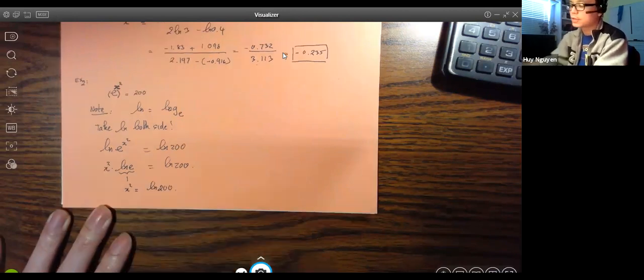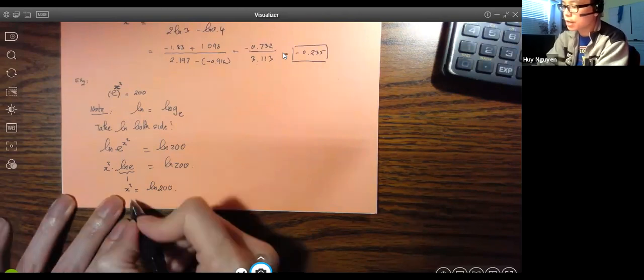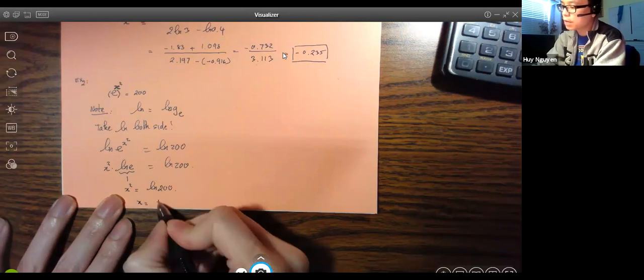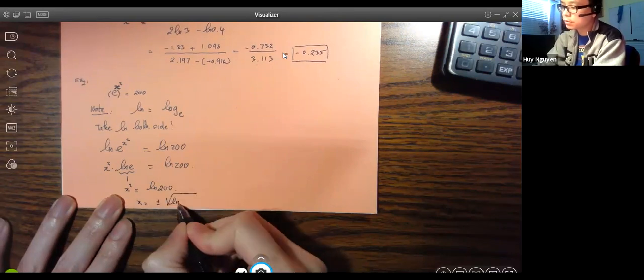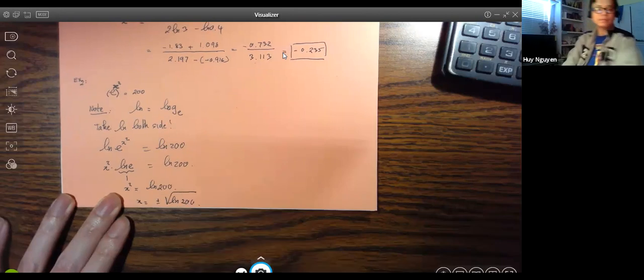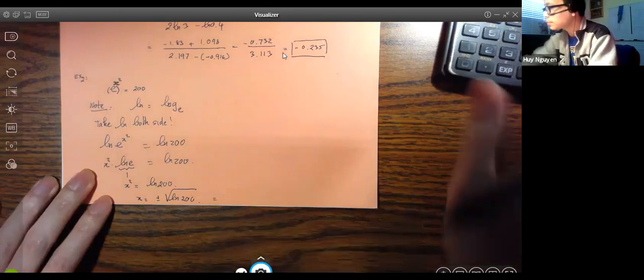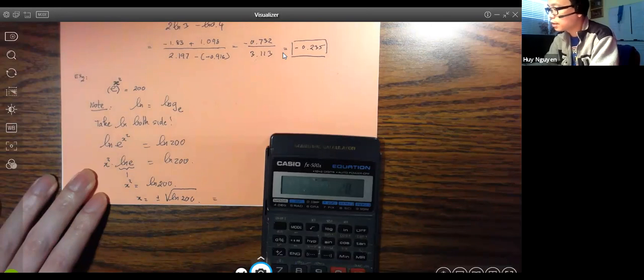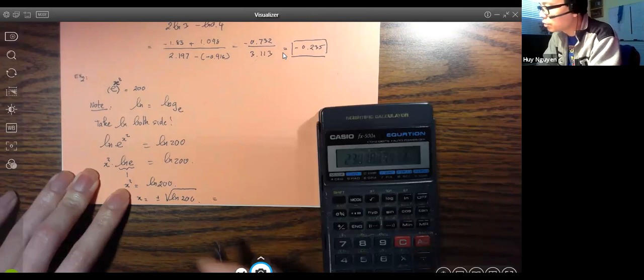So in order to solve, it's easy. You just take the square root of both sides. So x will be equal to plus or minus the square root of ln 200. Because there are plus and minus, I recommend that you calculate the amount. So I put 200, click ln and take the square root, which gives plus or minus 2.3.